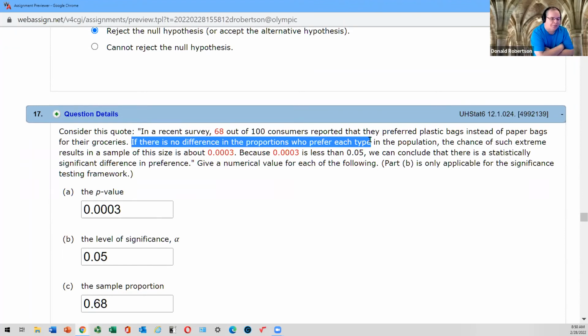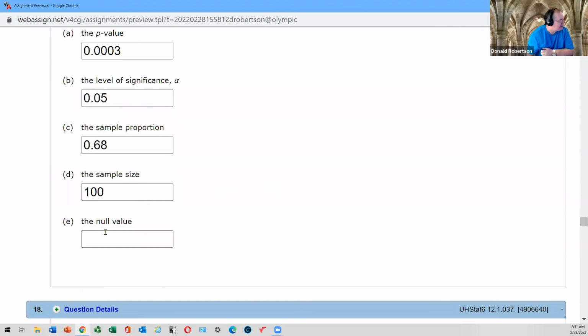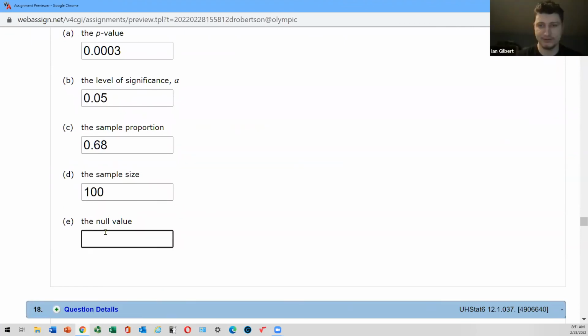That's what the null would be. There's no difference. What would the p-value be in that world? It would be the same as A, wouldn't it? No. What would p naught? That's a better phrase. What would the null value be? P naught. So we would write down P equals.